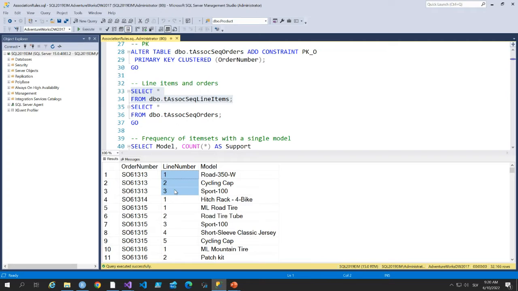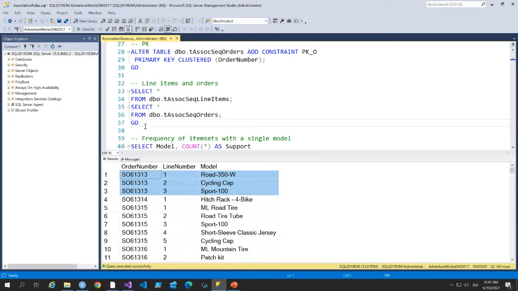But in internet sales, we can even define the order of items in an item set. So apparently in this order, Road-350-W, whatever this model is, was purchased first, and then Cycling Cap, and then Sport-100. Basically, for basic association rules, this is all I need.